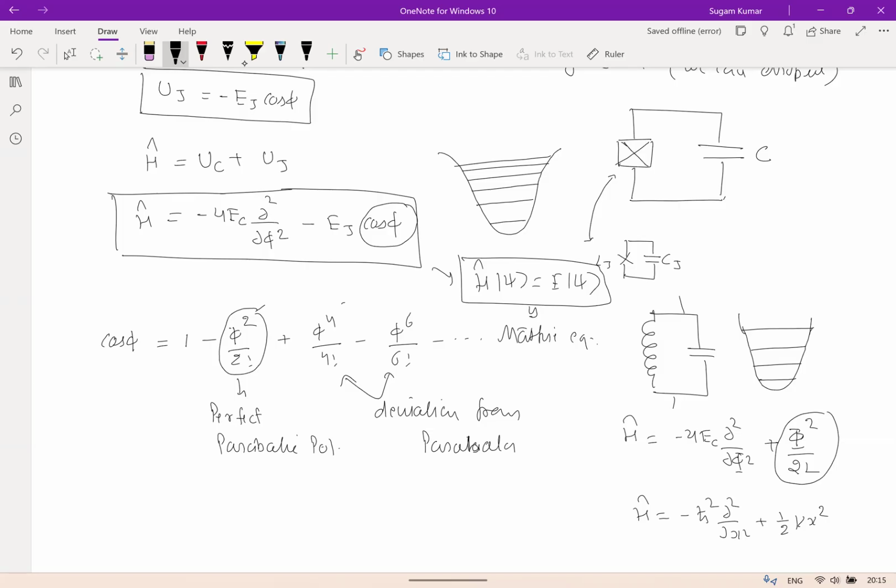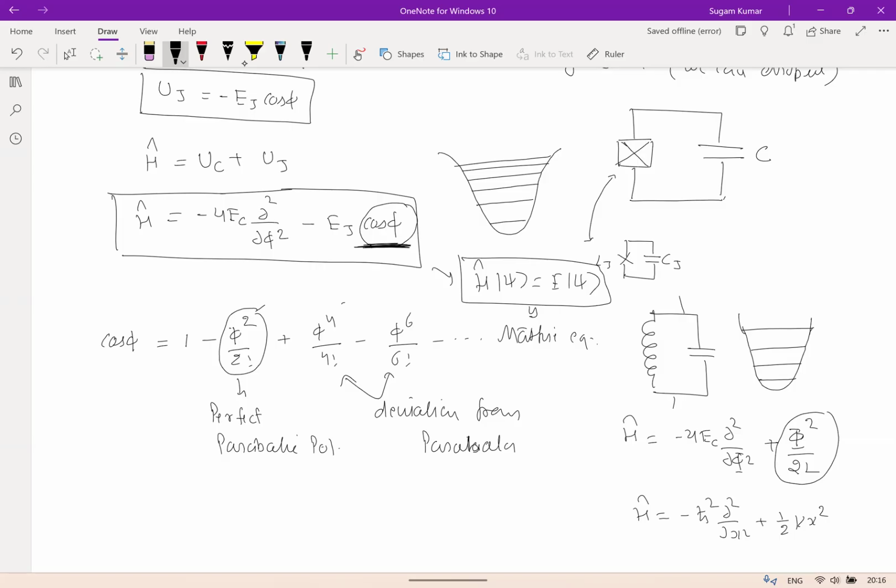It includes this non-linear energy. Because of this non-linear energy, which is cosine dependent, the potential becomes anharmonic, and the energy levels are unequal.